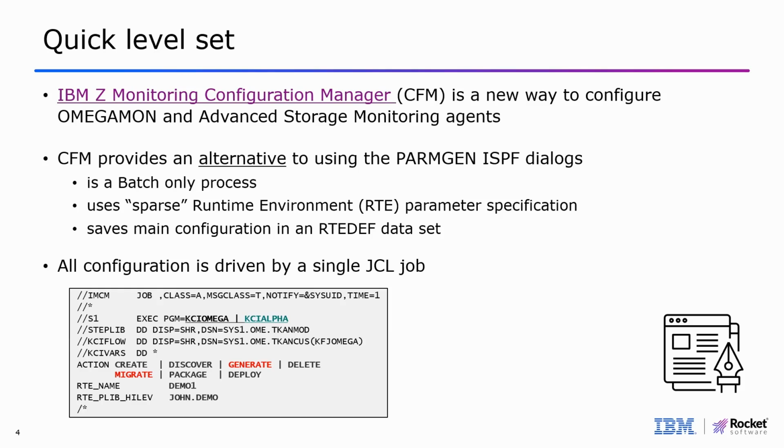And then you have other actions like migrate, package and deploy. Migrate is very important if you want to take your existing PalmGen configuration and migrate those configuration parameters into the above mentioned RTDEF dataset artifact.